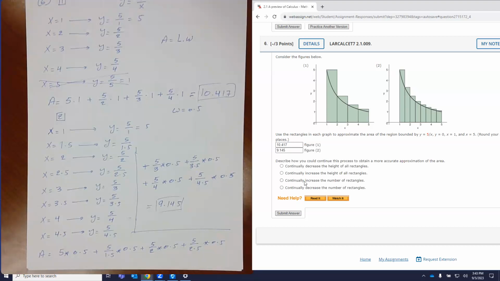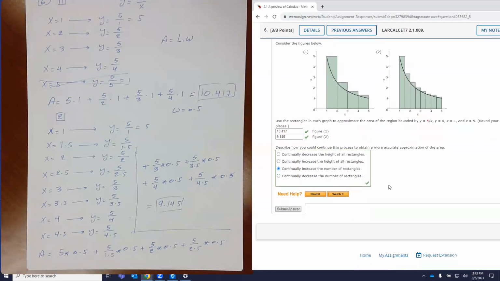That means if you increase the number of triangles, you're going to approach the exact area. That's it. Don't worry about that. We're going to learn each detail when we reach section 5.2, how we're going to find the exact area by using exactly the same steps. That's it for this section.